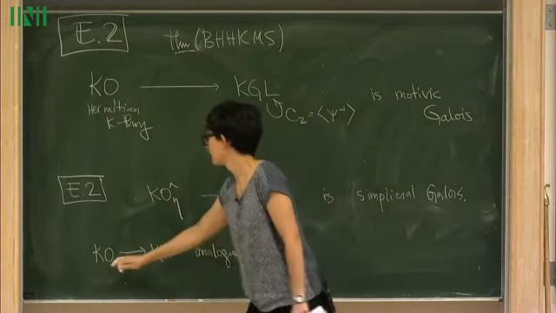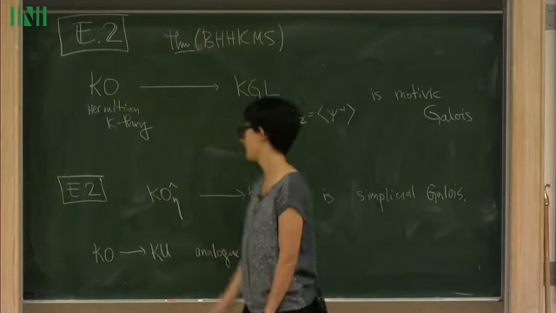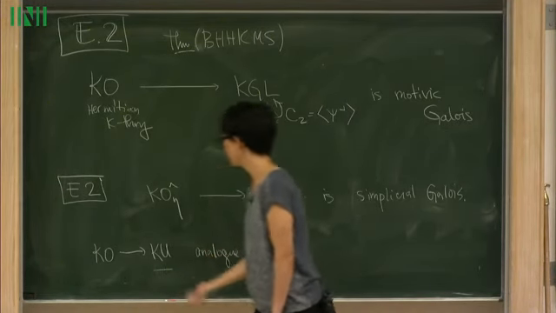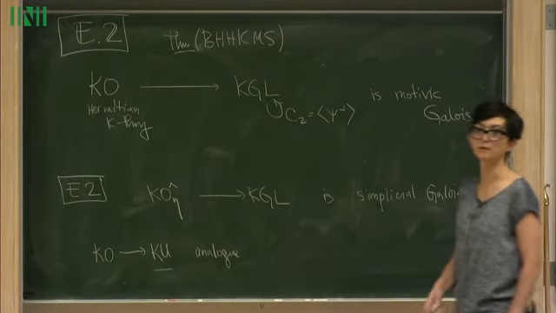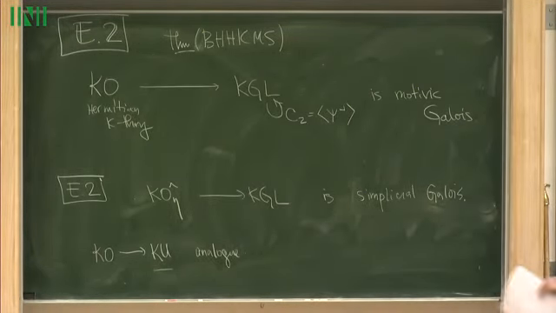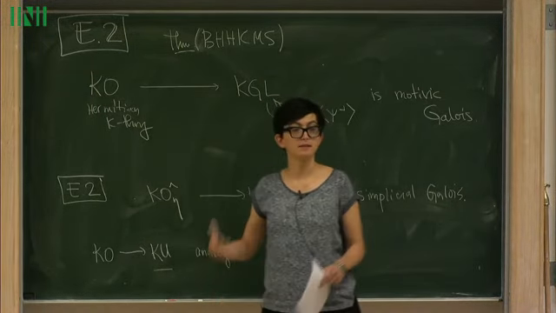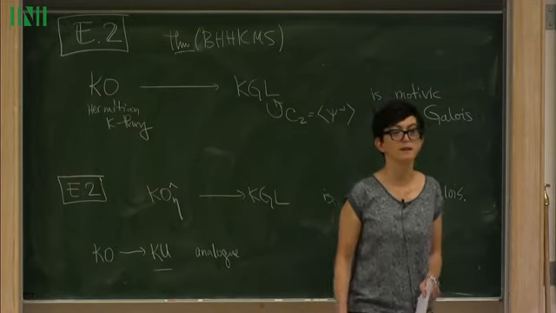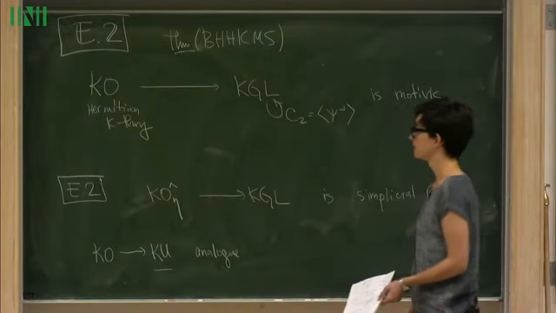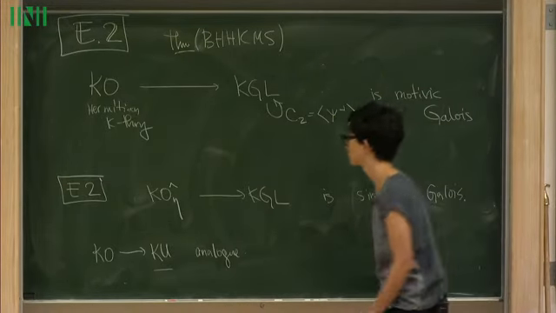This is an extremely useful statement, knowing that this is Galois, because KU is a very simple spectrum. It doesn't have any torsion in its homotopy groups. It's even periodic, all sorts of things that you would want. And KO is not. But this fact that this map is Galois makes studying KO much easier than you would expect from just looking at its homotopy groups.